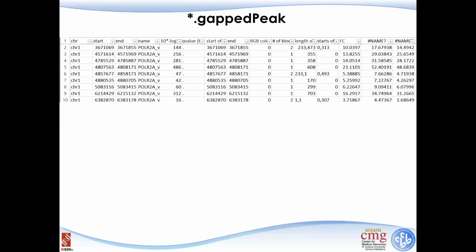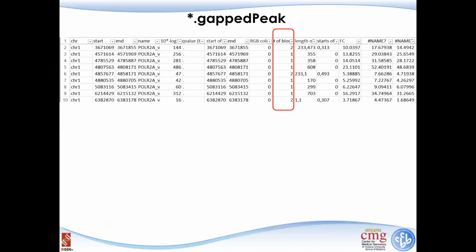An important piece of information, if you are interested, is that it can show you how many blocks are in the region. What do blocks mean? It's a broad region they called, but you may still find something inside. Do you remember last time I mentioned that MACS2 allows some gaps? If there is a gap, they will mention, okay, we have 2 blocks.